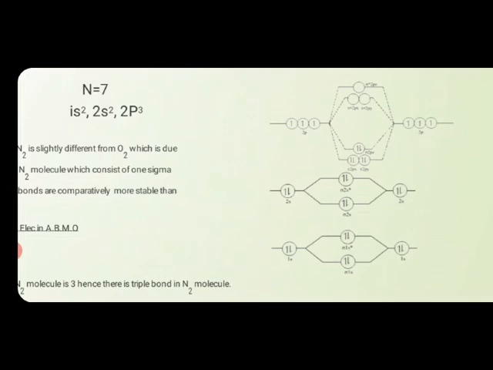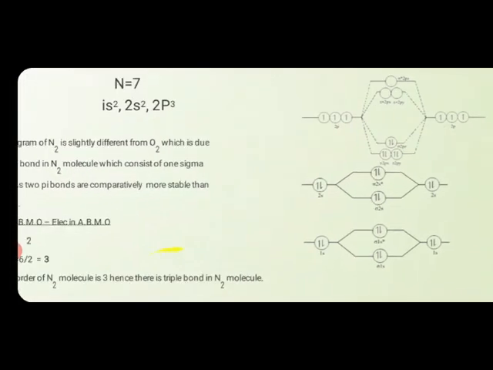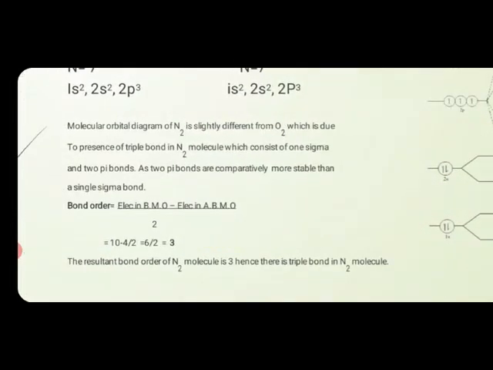Remember, the molecular orbital diagram of nitrogen will be slightly different from oxygen, because in nitrogen there is a triple bond, and this triple bond contains 2 pi bonds and 1 sigma bond. So 2 pi bonds are comparatively more stable than 1 sigma bond.